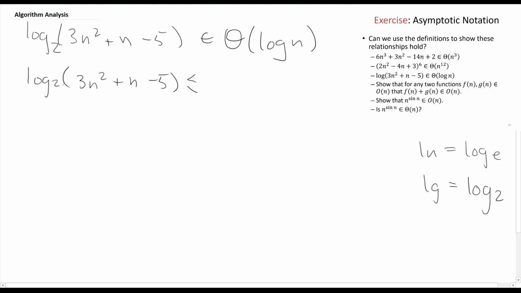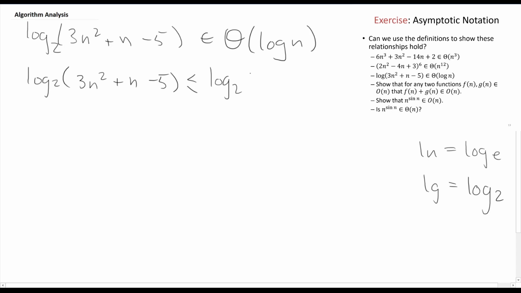This works primarily because log is an increasing, or non-decreasing, function. And so if we decrease its argument, we would decrease its value. So removing that decrement in its argument makes the whole value larger.